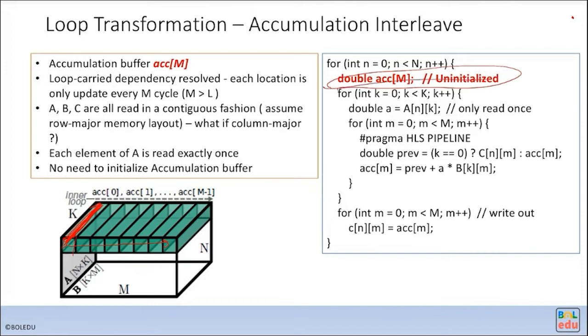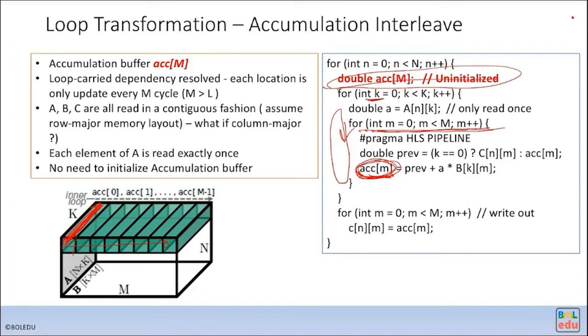Then for the inner loop, for this loop n, each accumulation buffer is only used in the next k iteration. So after m iterations, you use the accumulation buffer again.